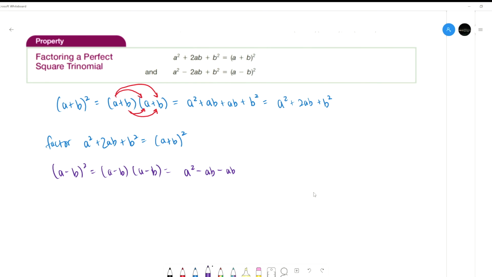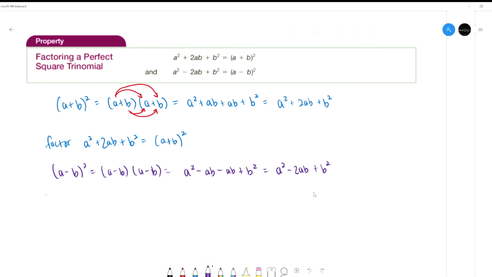And minus B times minus B, right? Negative B times negative B is positive B squared. Then you have your two like terms in the middle. So you have A squared minus 2AB, and then plus B squared. Right? This is what we learned in chapter 5.